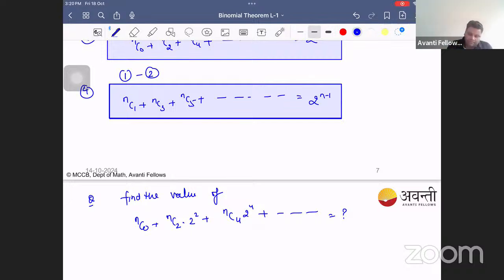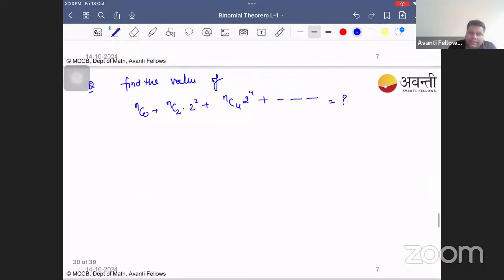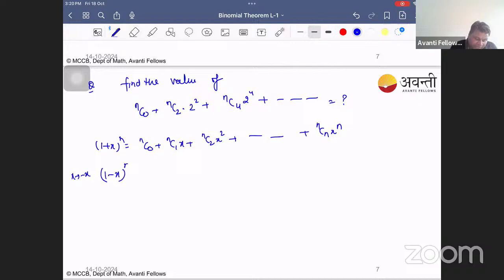Now see, it looked like that x has been replaced by 2. So in the expansion of 1 plus x to the power n, that is nC0 plus nC1 x plus nC2 x square and so on. Now if I replace x by minus x, you get 1 minus x raised to the power n as nC0 minus nC1 x plus nC2 x square and so on, nCn minus x raised to the power n.